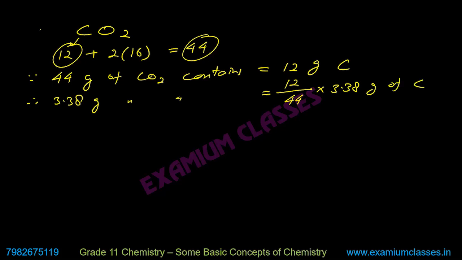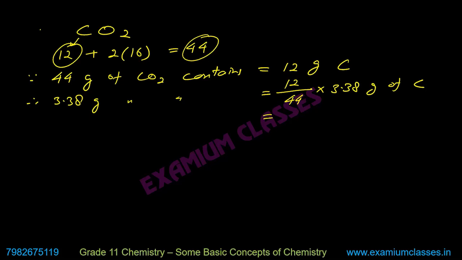Why are we calculating carbon? Because empirical formula is nothing but the molar ratio of the elements present, meaning the molar ratio of carbon and hydrogen atoms. So to calculate the moles, we need the mass of carbon.